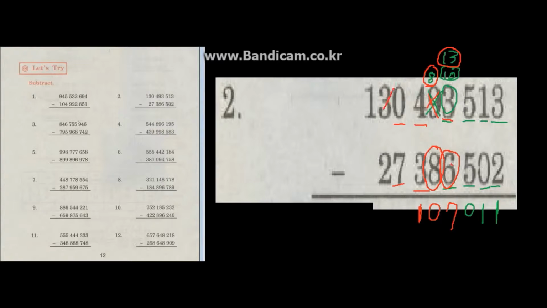So, the value of 3 becomes 2, and the other 1 goes to 10. And this time, as there's no minuend, the value of the minuend just remains as 10. So the difference between minuend 10 and the subtrahend 7 is 3.